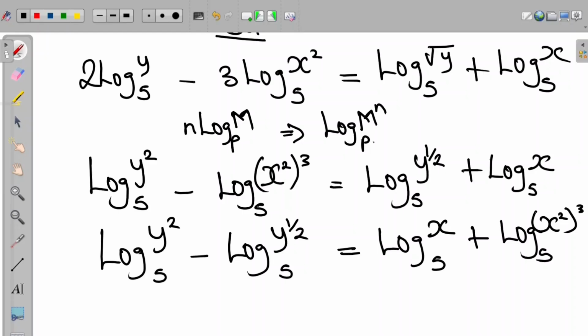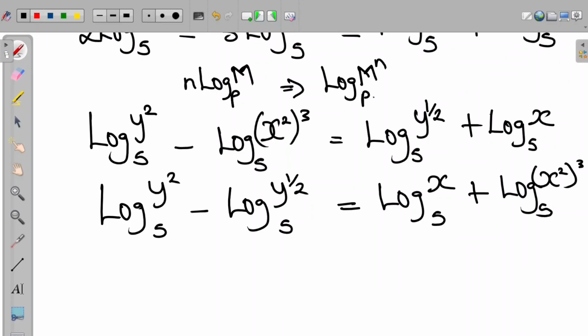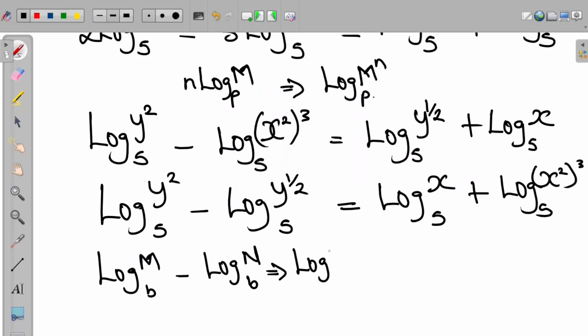Now, at this point, we can apply the addition and subtraction laws of logarithm. Recall that for the subtraction law, if I have log m to base b minus log n to base b, this can be expressed as log m divided by n to base b.